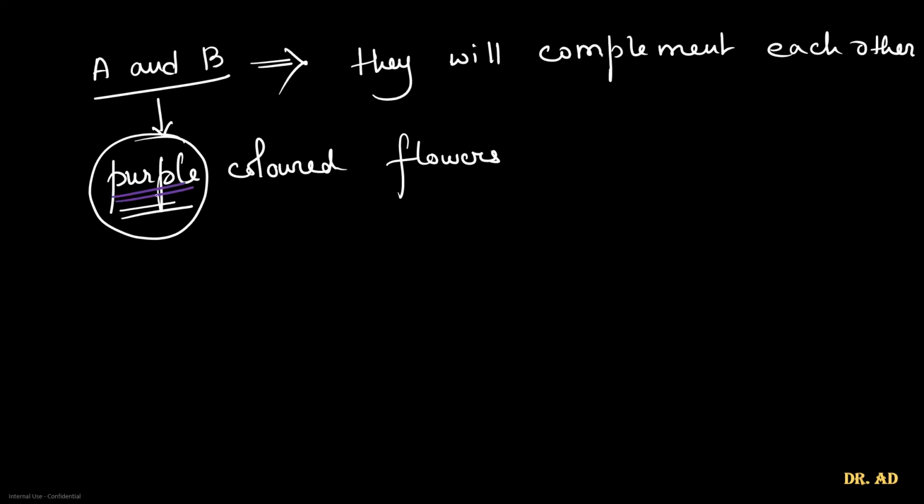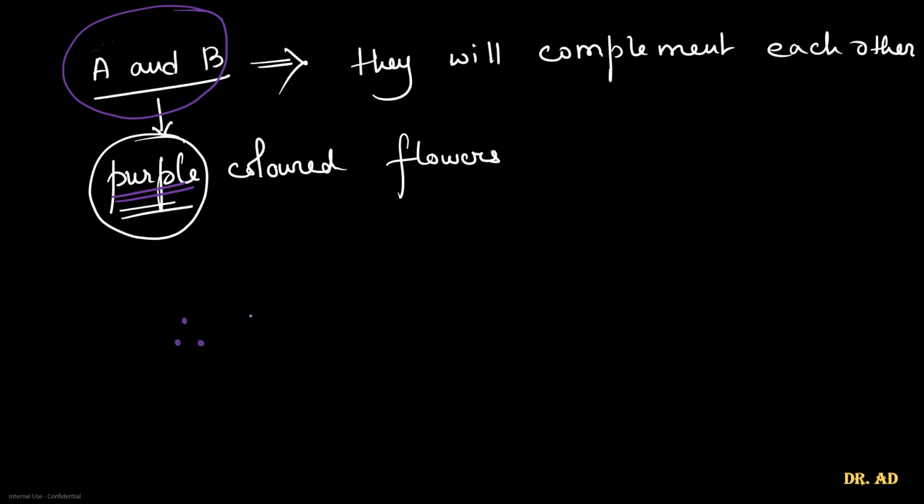This color is obtained if these two are together. That is, they both together produce a particular phenotypic trait in an individual. Understood? This is all about our complementary gene interaction or duplicate recessive epistasis. Right? I hope you have understood this.